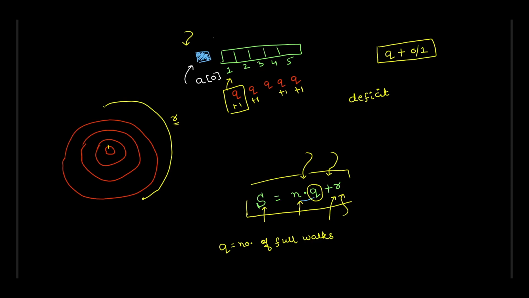Why? Because we said that first we'll try to complete our boxes, and only then will we use the community box if it is really needed. Then for the ith person, it has a of i balls, and suppose you define need of i as Q plus 0 or 1, which you decide based upon whether this person lies in the first R people of the circle or not.